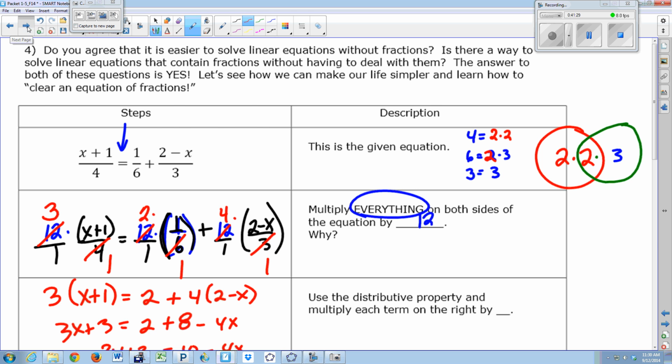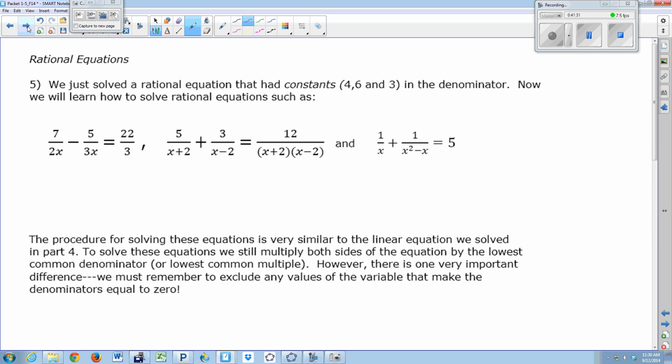All right, let's move on real quick to some rational equations. The ones we just looked at were rational equations, but now they're going to look a little yuckier because they have algebraic expressions with variables in the denominator. But listen to me, the process is exactly the same as what we just did.